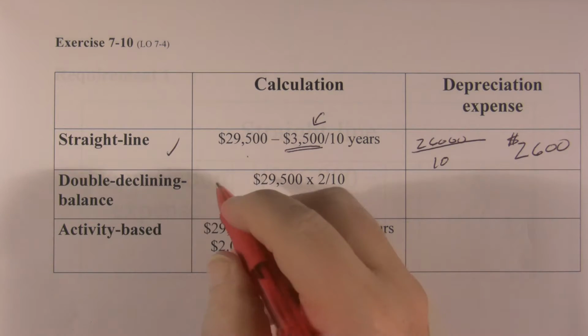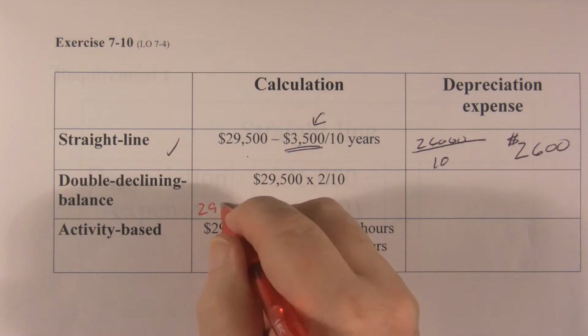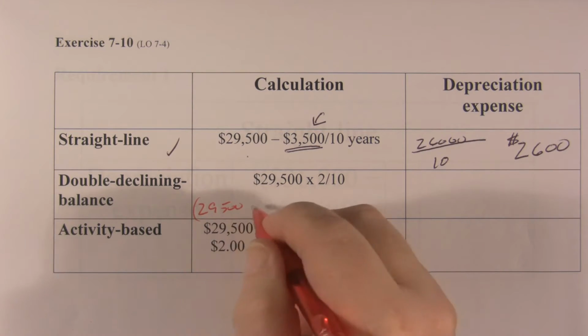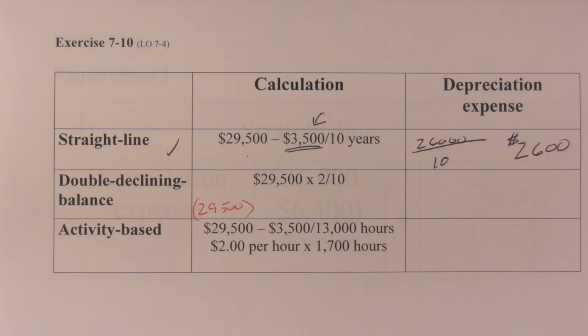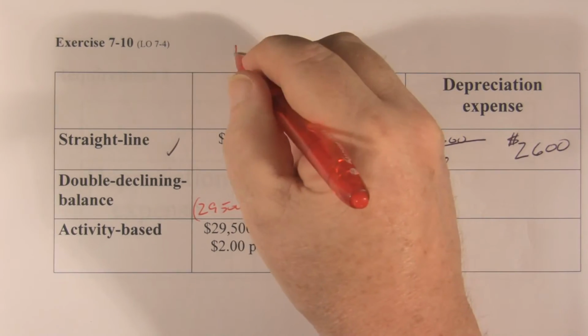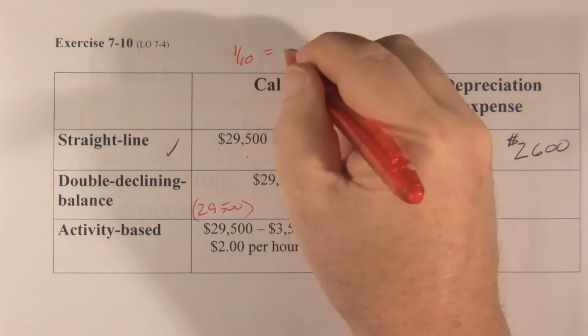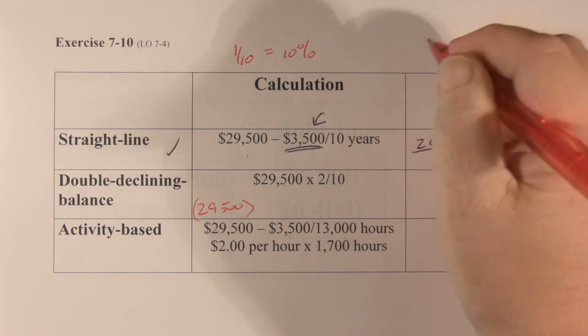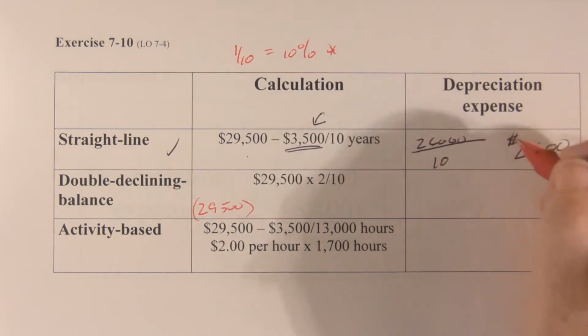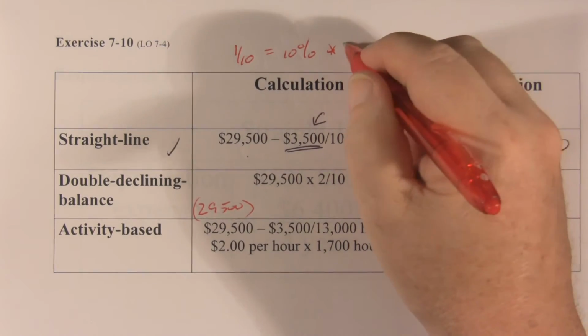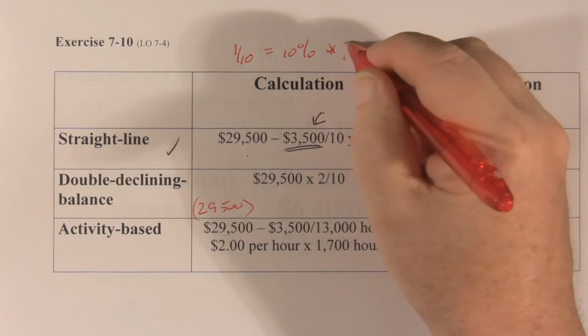Now, the double declining balance method, you do not consider the salvage value. So we're going to take the full book value at the beginning of the year, $29,500. Now the book says 2/10. It works in this problem. I need you to understand that 1/10 is 10%, and since this is double declining balance, we're going to multiply that by 2.